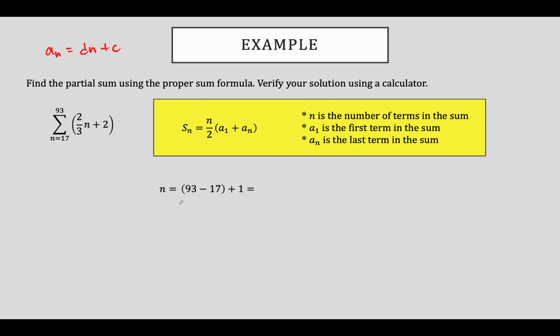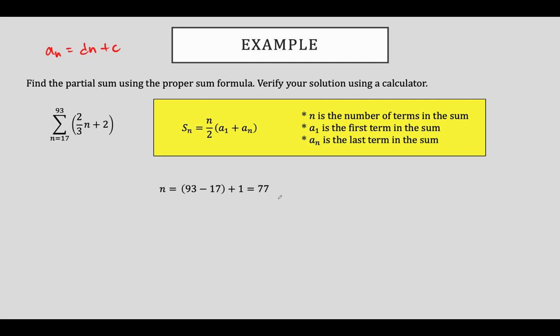In other words, we take 93 minus 17, and we add 1 in this case. Doing so leaves us with 77. So there are going to be a total of 77 terms in this series. We would be adding up a total of 77 terms. Now, if you're wondering, 93 minus 17 gives me the difference, and then I have to add 1 because we actually start by plugging in 17. So to account for plugging in 17, we add 1 to that value.